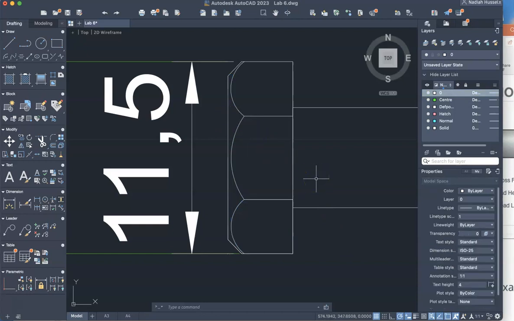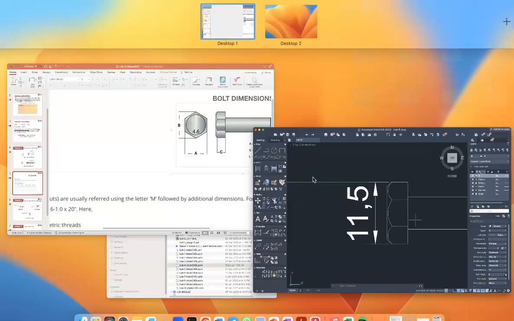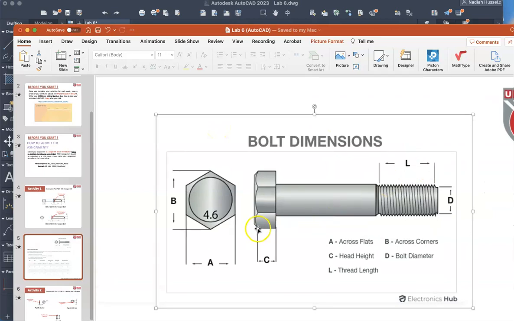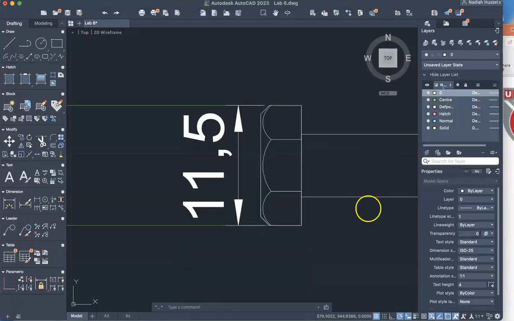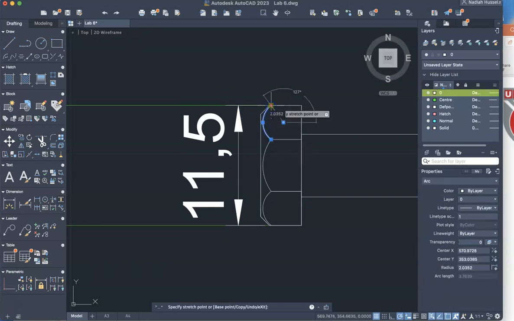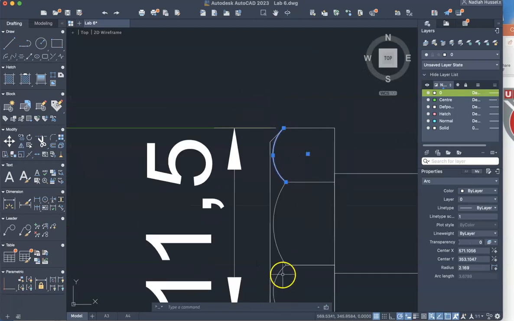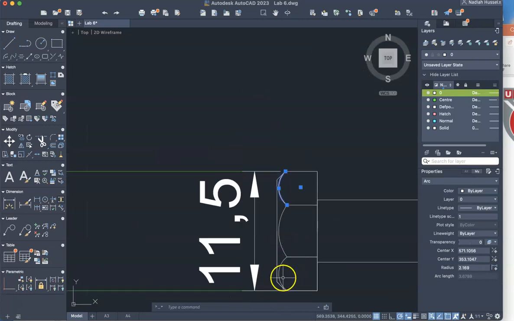Now it looks okay. So again, let's take a look. It does look good, but this one is actually joining. Let's see if we can adjust that. Okay, I managed to adjust that. And this guy.